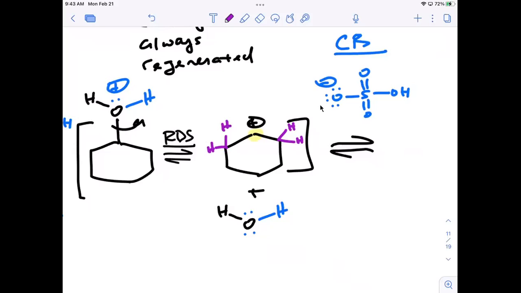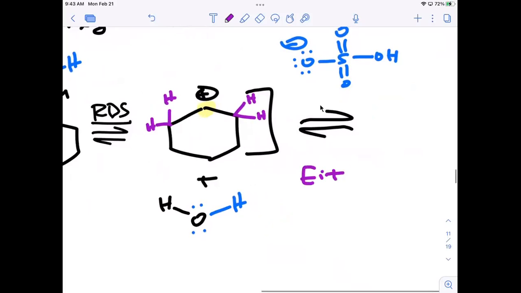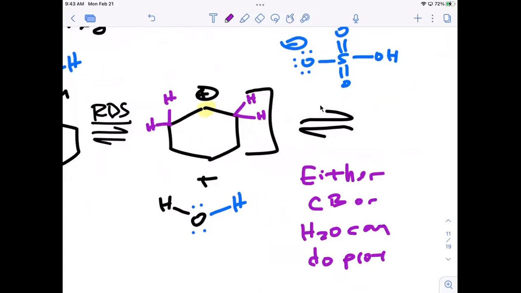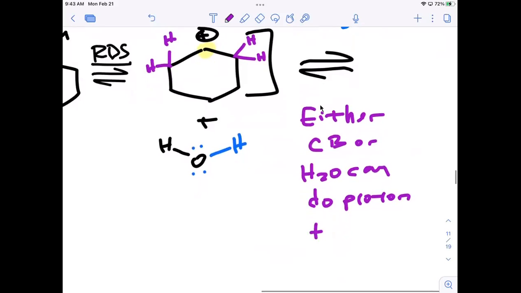All right. So the question now becomes which one of these two entities, either the conjugate base or water, is the base to do proton transfer? Because either one of them can do proton transfer. So let's put that in here. I think I'll prefer to use the conjugate base because it eliminates a step at the end.